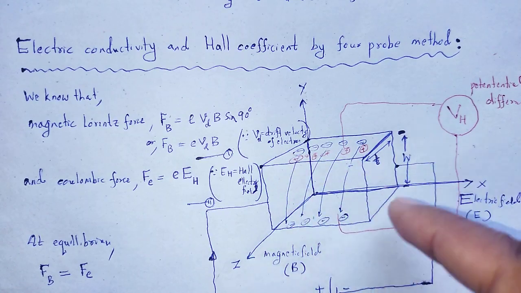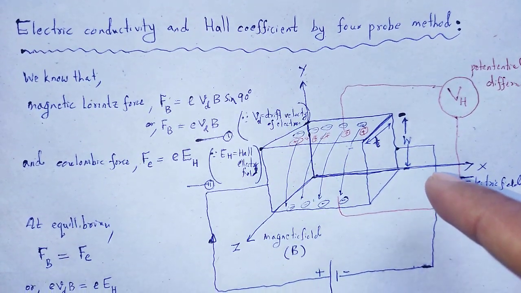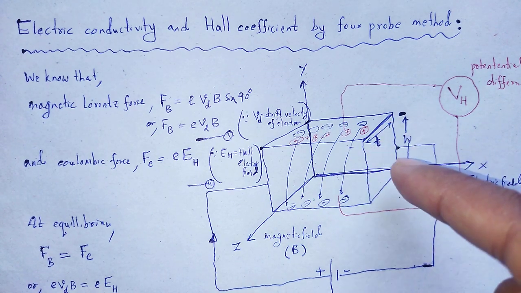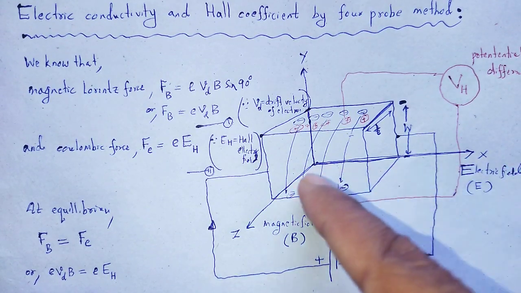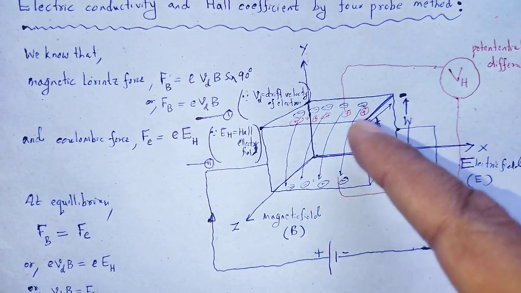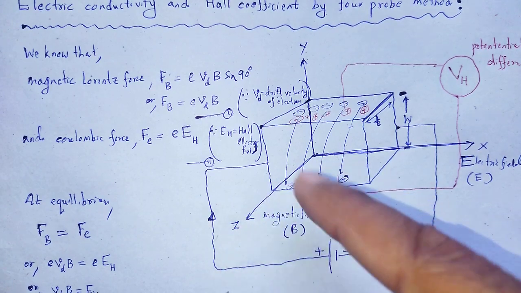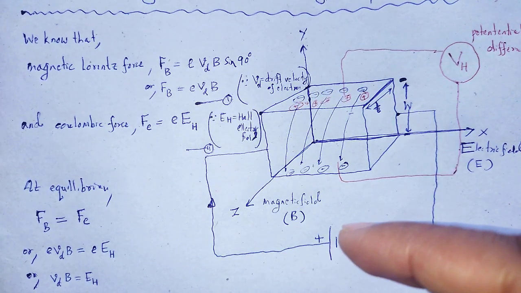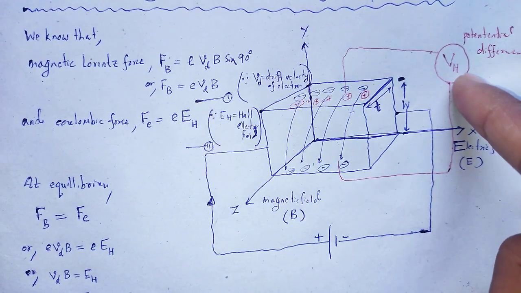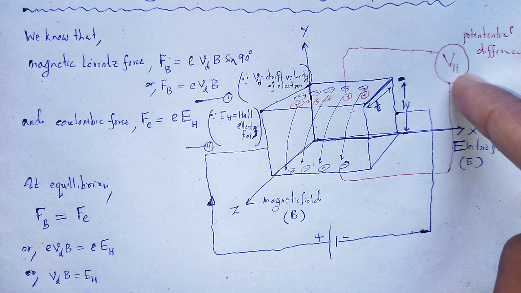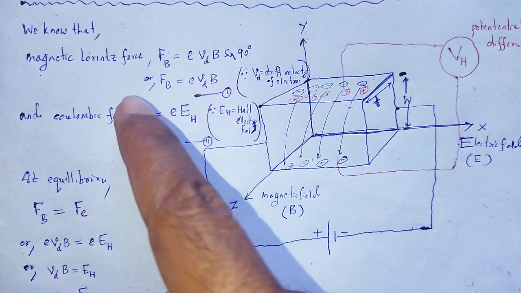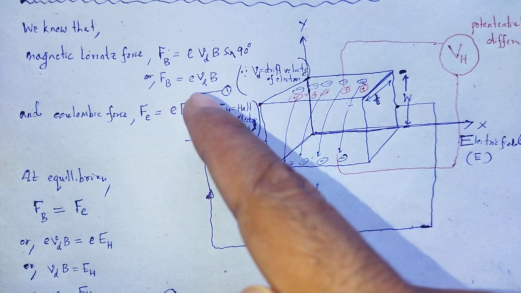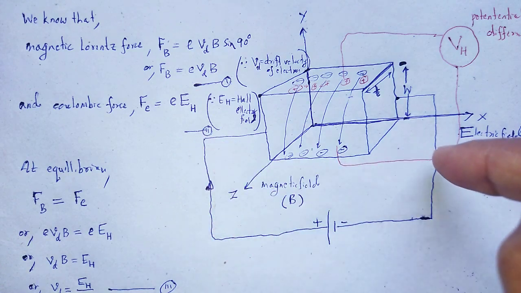We take a rectangular semiconductor slab having area A as its breadth W and thickness T. We apply an electric field along the x axis and a magnetic field along the z axis. Therefore, a potential difference is created along the y axis, and that potential difference is known as the Hall voltage. First, the magnetic Lorentz force due to the application of the magnetic field, then the Coulombic force due to the electric field.